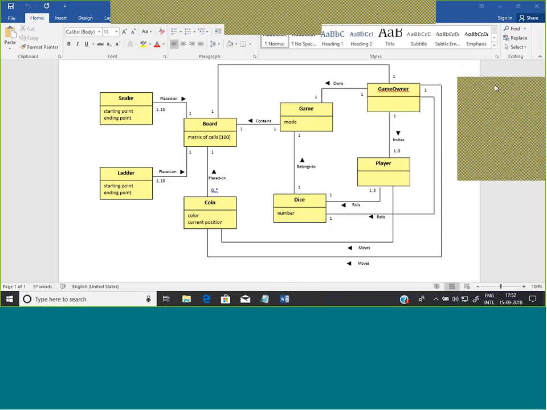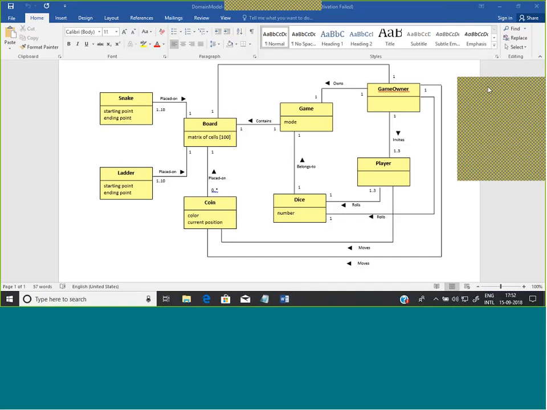Right, so this was the domain model that we had drawn for the snakes and ladders case study, right? I have drawn the partial class diagram for this model, concentrating only on the snakes and the board part. Just have a look at this domain model so that we can compare it with the class diagram that I have drawn.